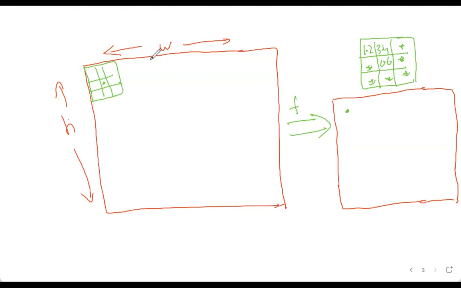This is how we compute the output image by the application of the filter F on the source image. Let me show you a different picture so that it becomes easy for you to understand.